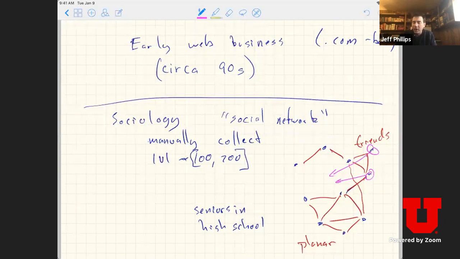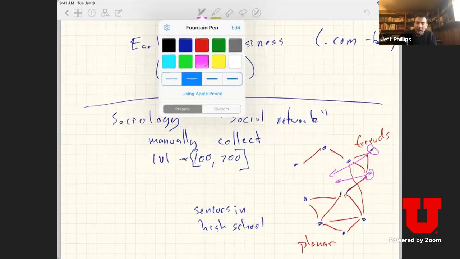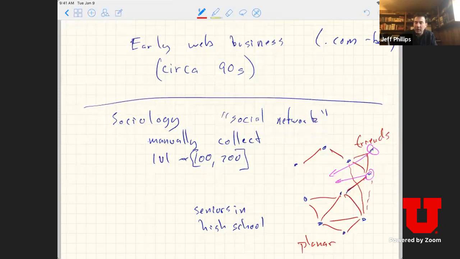Okay, but if I draw enough of these edges, let's say I also draw this edge here, then there might not be any way I can draw it. Okay, so I might have some edges that need to cross, but I don't have too many. And I can get a pretty good understanding of what's going on just by looking at it.